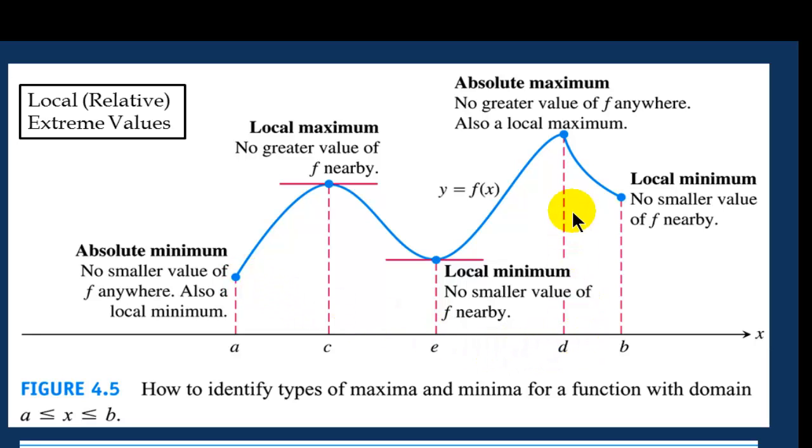And then here, it turns out that your absolute maximum occurs here, which is also a local maximum. And then around b, at an endpoint b, we see that it's a local minimum value occurring there.